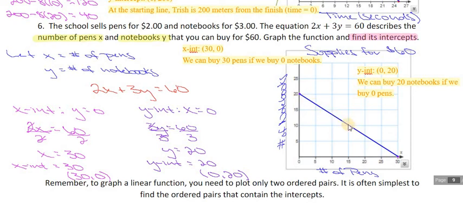Okay, so a very nice ordered pair here that actually happens to fall in a crosshair is x is 15, y is 10. Okay, so we could buy 15 pens and 10 notebooks for the $60. So we could buy any combination of pens and notebooks of any ordered pair on this line. The x and y intercepts just simply represent maxing out only pens and only notebooks.